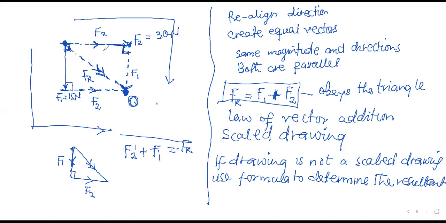Where if there's the angle in question, theta, it means F2 is the adjacent. F1 is the opposite. And what is the diagonal line? The resultant. The resultant represents what? The hypotenuse.